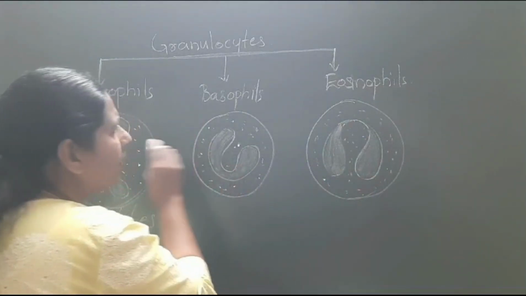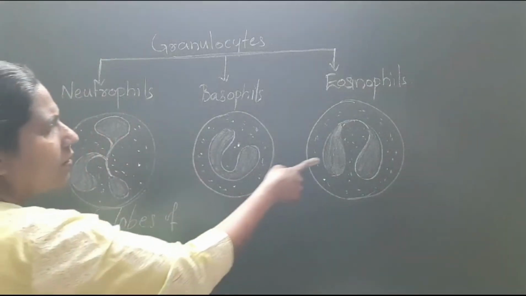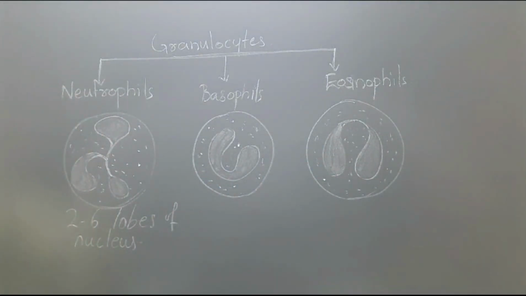Look at this difference. Neutrophils have 2 to 6 lobes of nucleus.